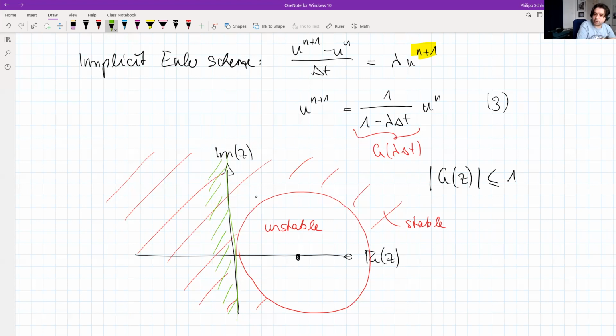And that is, of course, a very important property, because it means now I don't have to care how to choose the time step. I'm always stable. And that is, of course, very good.